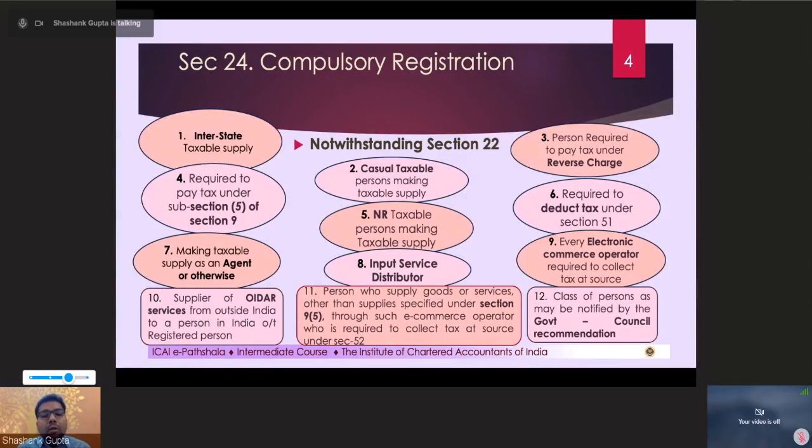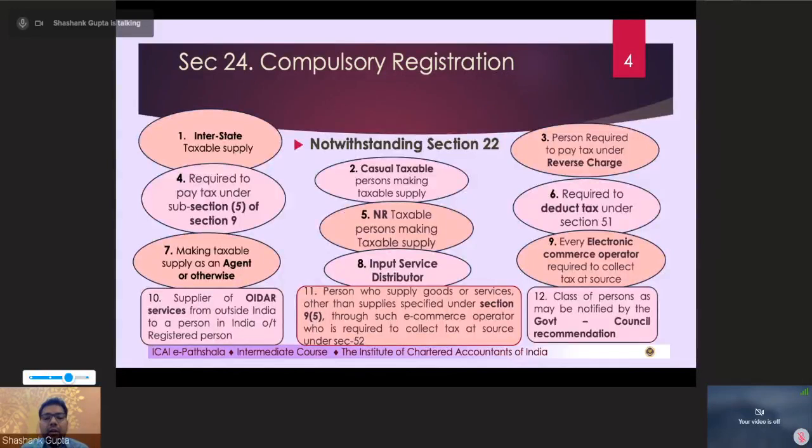So, all the common services such as marketing expenses, auditing fees, legal expenses, all of these are generally received at the corporate office. And this input service distributor is basically a registration which enables distribution of input tax credit in case of common services from the head offices to the branch offices.